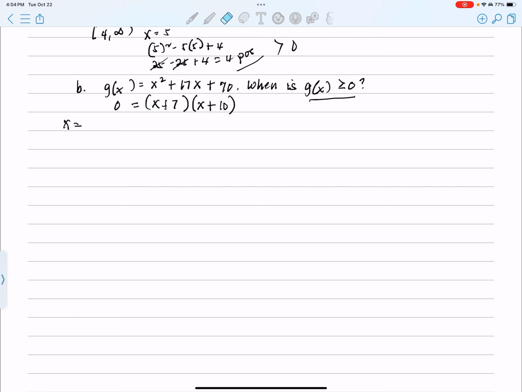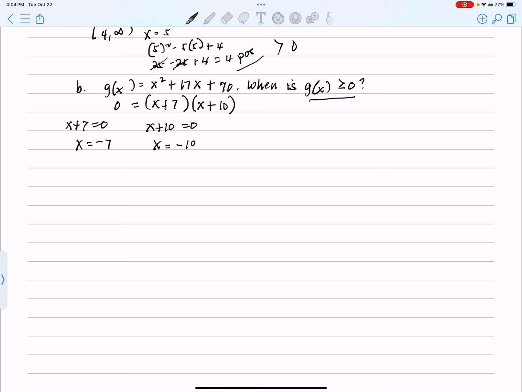Equate that to 0 to get the roots. x plus 7 equals 0, so x is negative 7. And we have x plus 10 equals 0, so x is equal to negative 10.